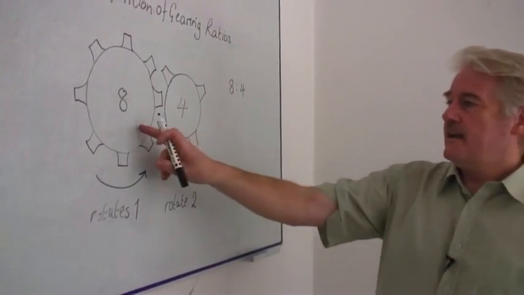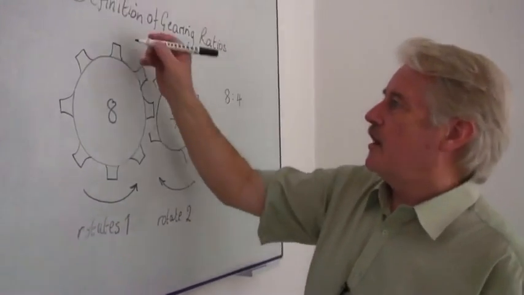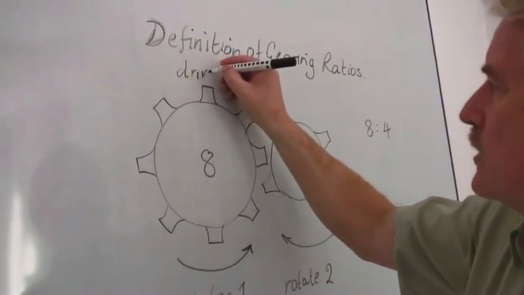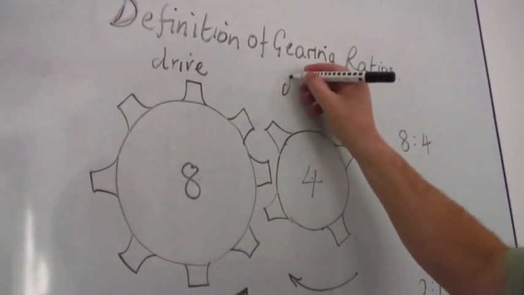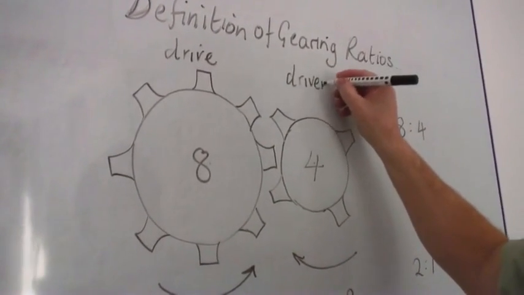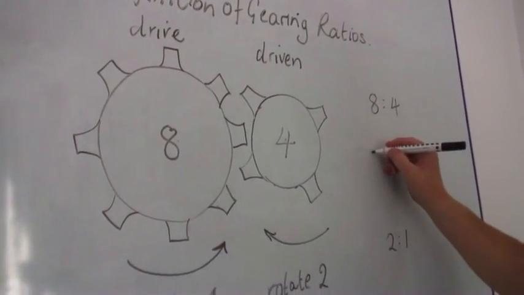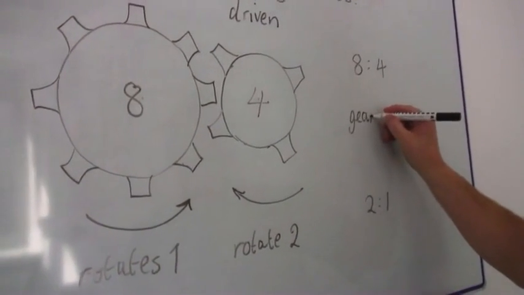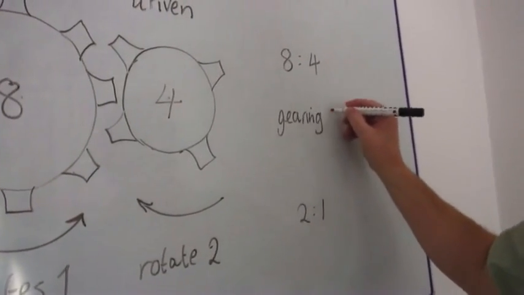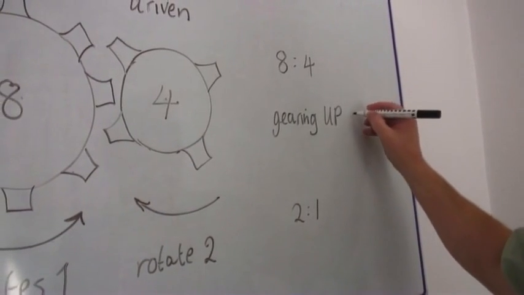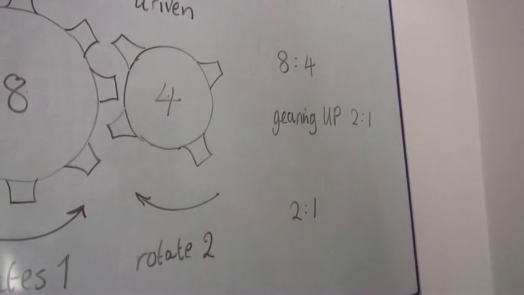We would say that if this is the drive, and this is the driven gear, then what we've got is a gearing up of 2 to 1.